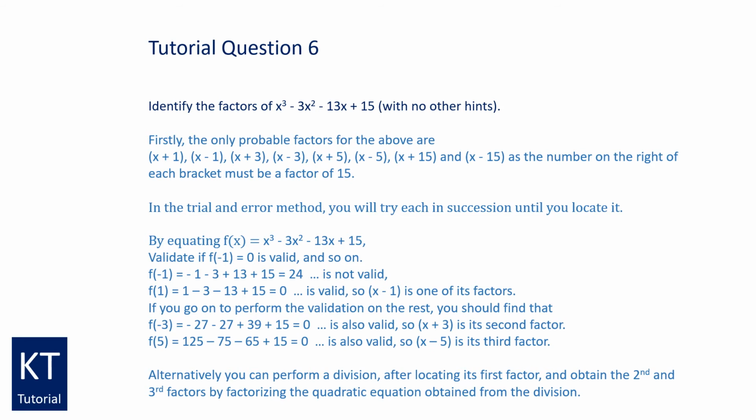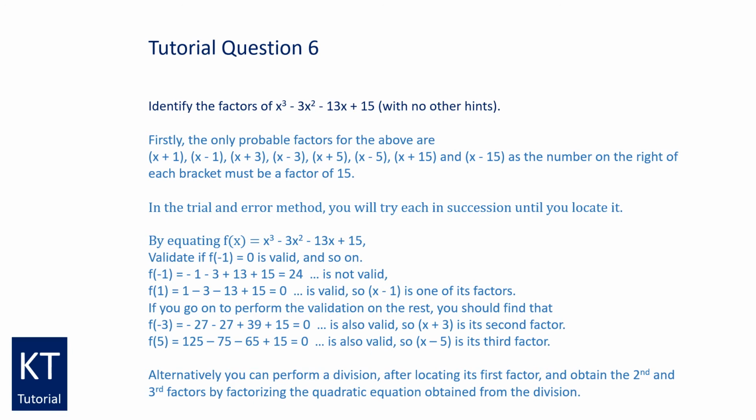Let me expand on what I've just said. You want to start by equating the given cubic polynomial as f(x). You will then go through a series of validations as part of the trial and error method. In this case, I'm choosing to first perform f(-1) to identify its solution, which in this case is 24.